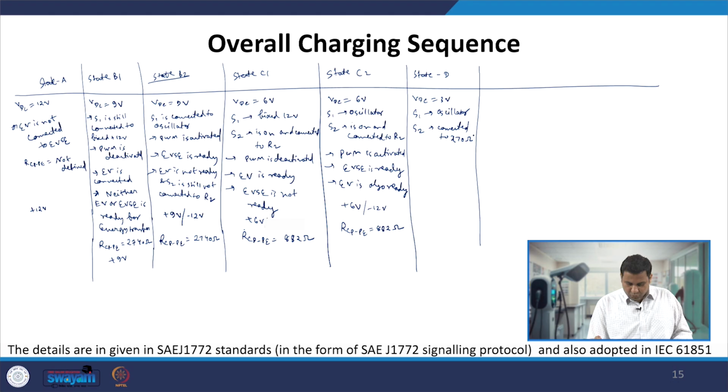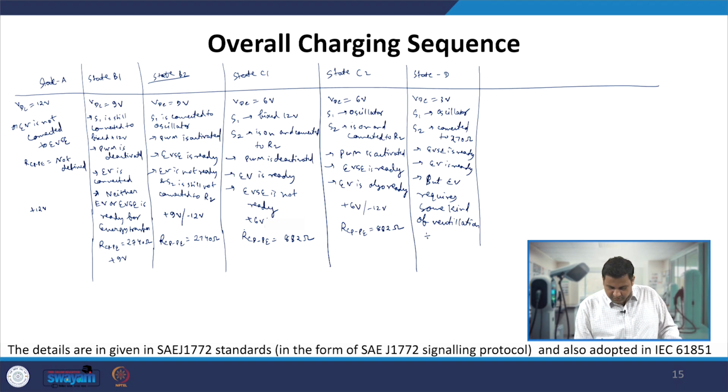So you can say that S2 is connected to this one, it indicates that EVSC is ready, also EV is ready, but EV requires some kind of ventilation. So here we have plus 3 volt and minus 12 volt, and RCP and PE is nothing but 246 ohm.